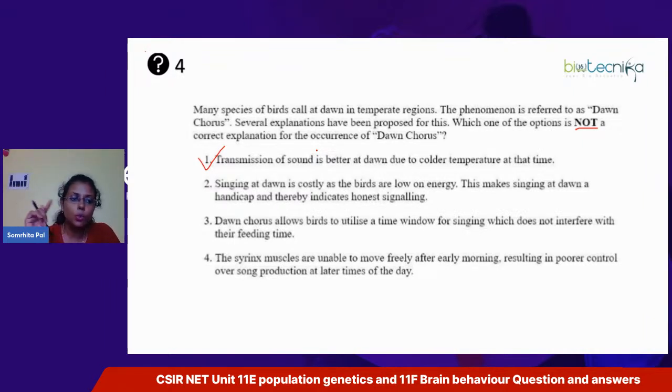Now, those birds, or rather those individuals, who are able to sing in the morning, that means what? They have that fitness, they are strong enough to sing in the morning. They have that high amount of energy to sing in the morning. So that means they are fit. They are more fit than the others.